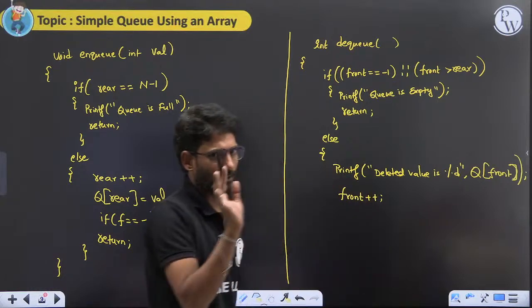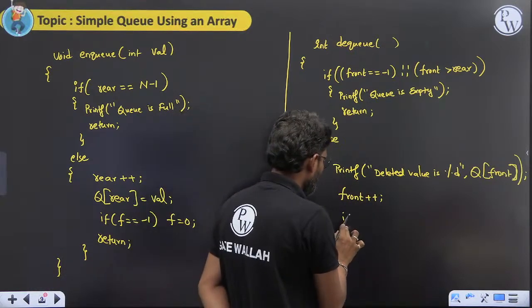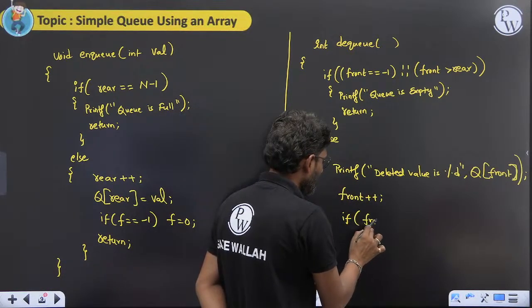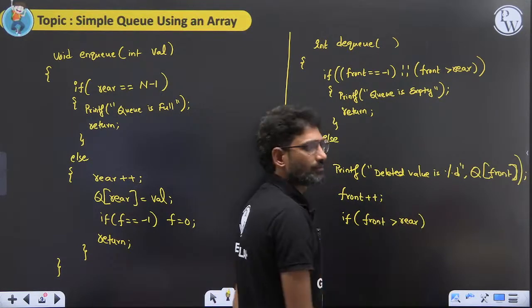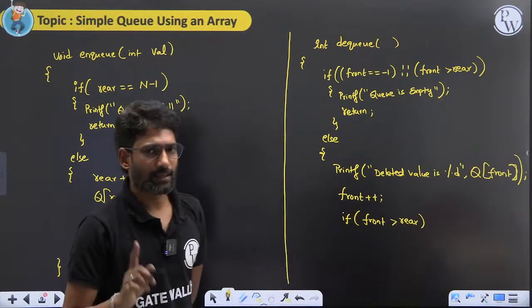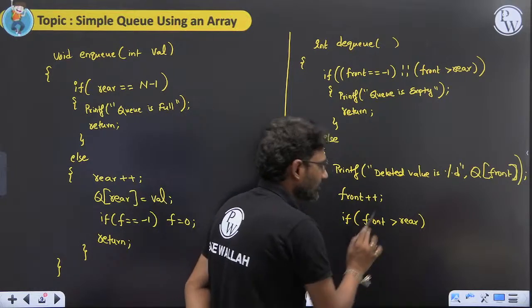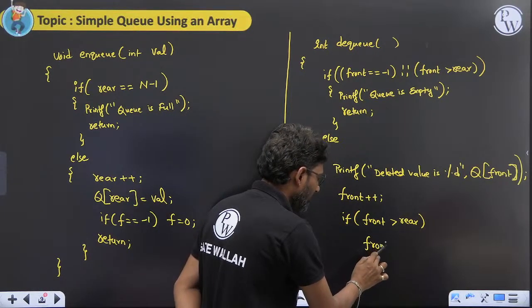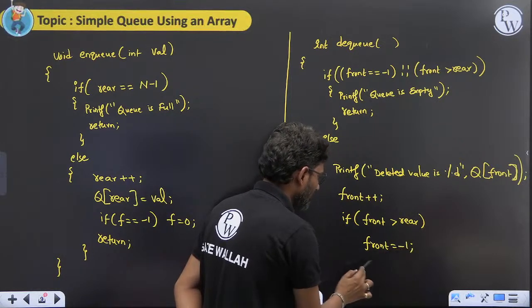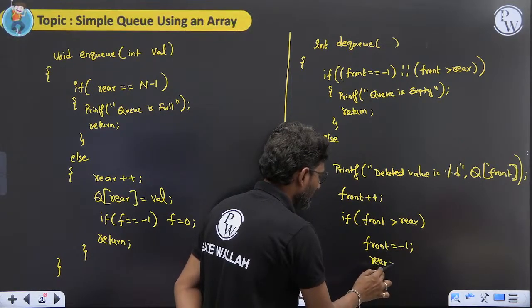Before I return the control, I am checking if front is greater than rear, that is indicating the queue became empty. Now let me set front is equal to -1, rear is equal to -1.